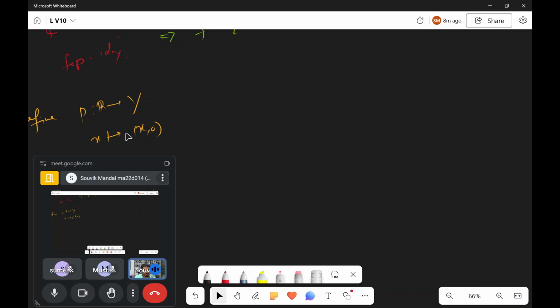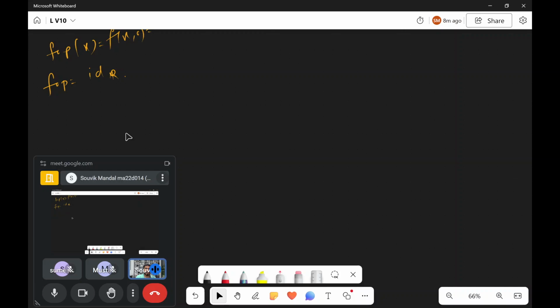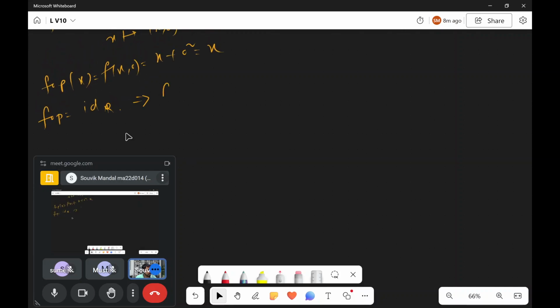Now if we consider f composite p of x, this will be f of (x, 0), and this will be x plus 0 squared, that will be x only. So this tells that f composite p is equal to the identity of R. So this tells that f is a quotient. So this is the trick.